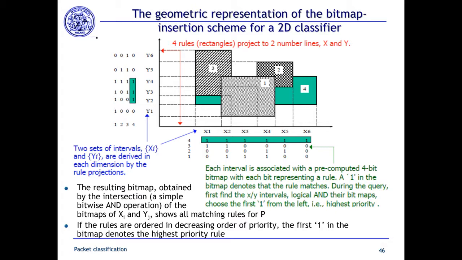So that is the result of our lookup operation. If we don't want to have this pre-computed table, we can pre-compute the bitmaps, and we obtain directly the result by doing an AND bit by bit.